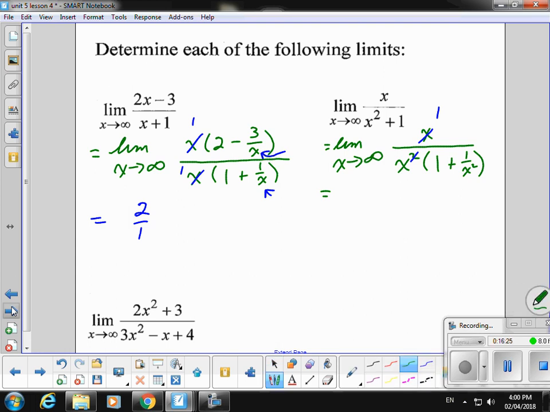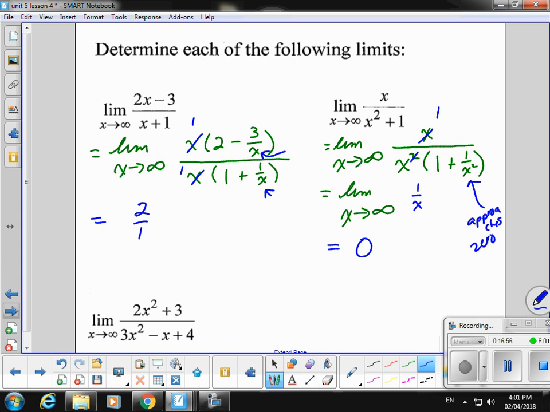As x gets really, really large, this fraction gets really, really tiny and approaches 0. So we are left with really 1 over x because that fraction gets so tiny. And as x gets really, really big, this 1 over x gets really, really close to 0.